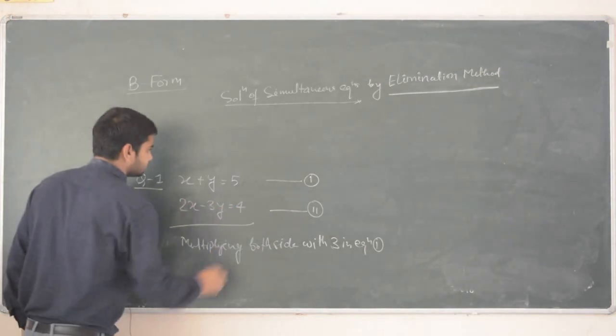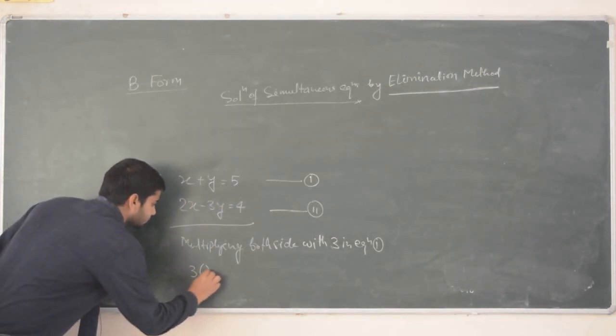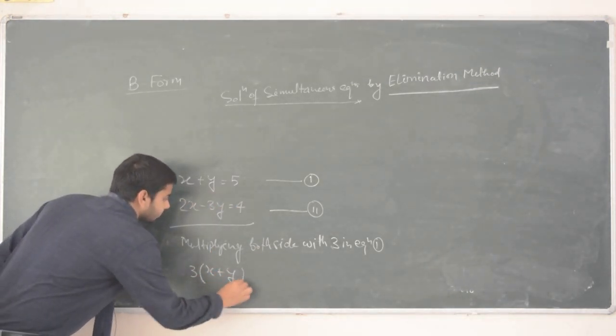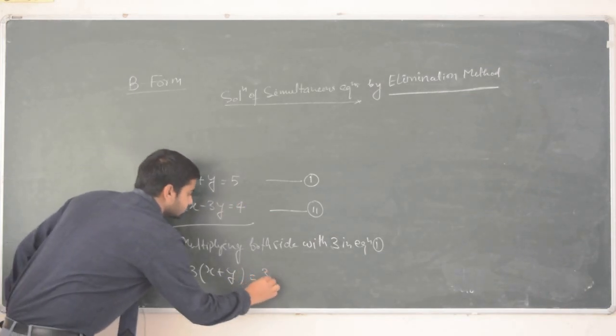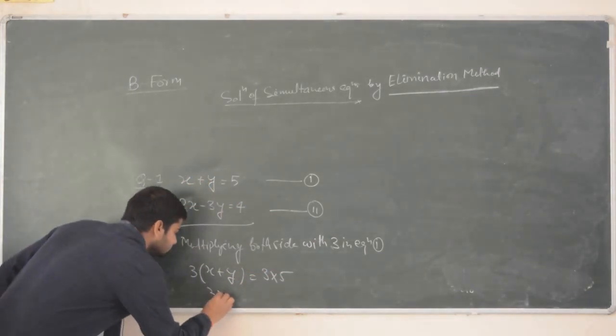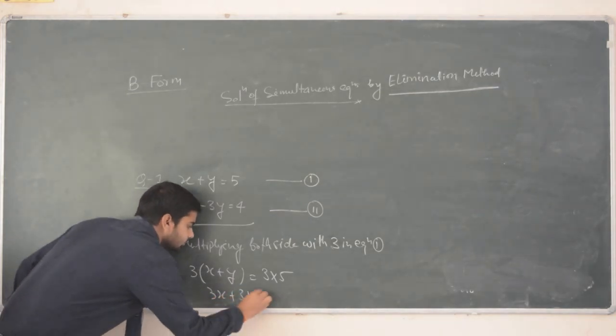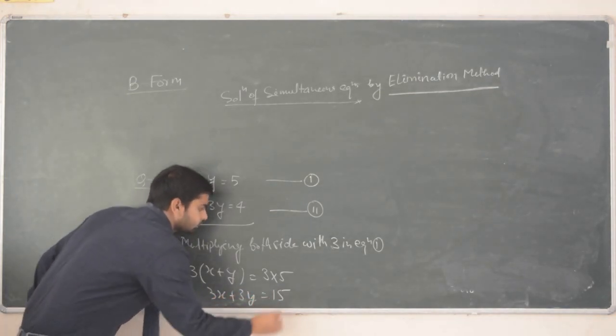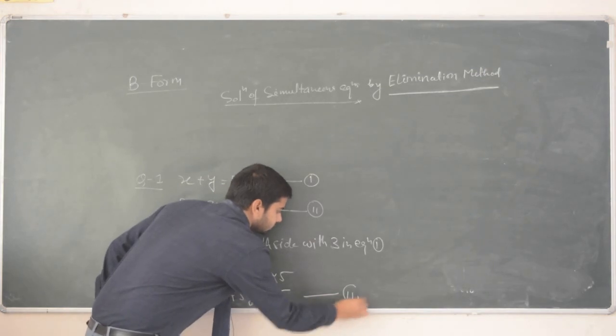So multiply this equation by 3. We get 3 into x plus y, and on the right side we also multiply 5 by 3, so we get 3x plus 3y equal to 15. Suppose this is equation number 3.